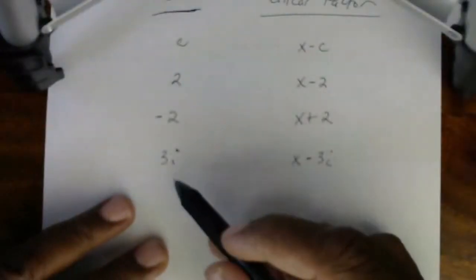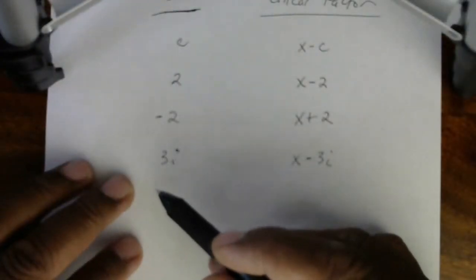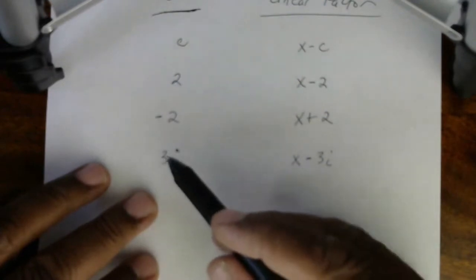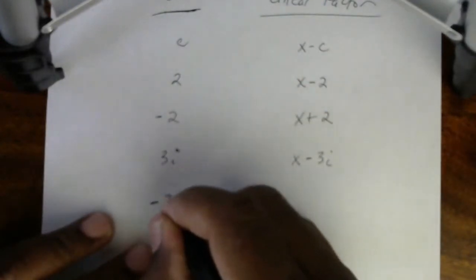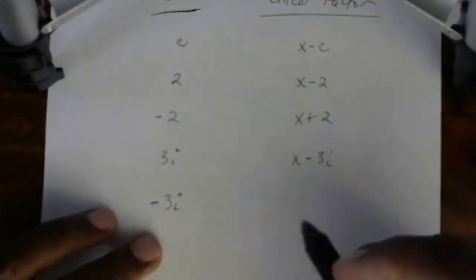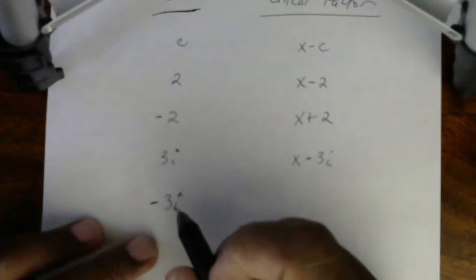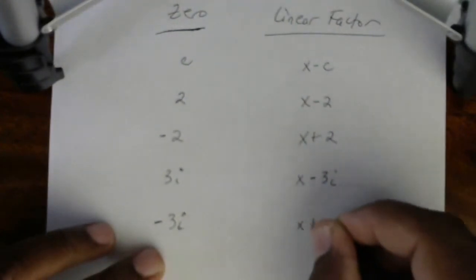And then lastly, notice that all complex numbers come in conjugate form. So the conjugate of 3i is negative 3i. And if we were to write negative 3i as a linear factor, we would write that out as x plus 3i.